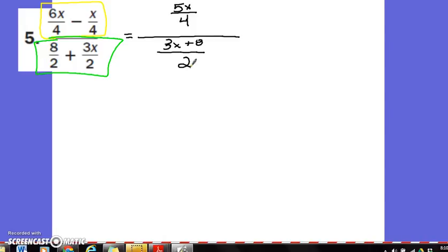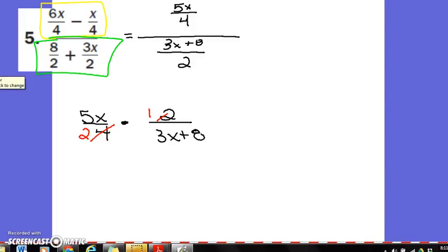Now you have to use keep, switch, flip. So we keep the first fraction, 5x over 4. We change it to multiplication, and we flip this second fraction. So the 2's in the numerator, and the 3x plus 8 is in the denominator. Then you simplify. 2 and 4 can reduce. 2 goes into 2 one time, 2 goes into 4 twice.